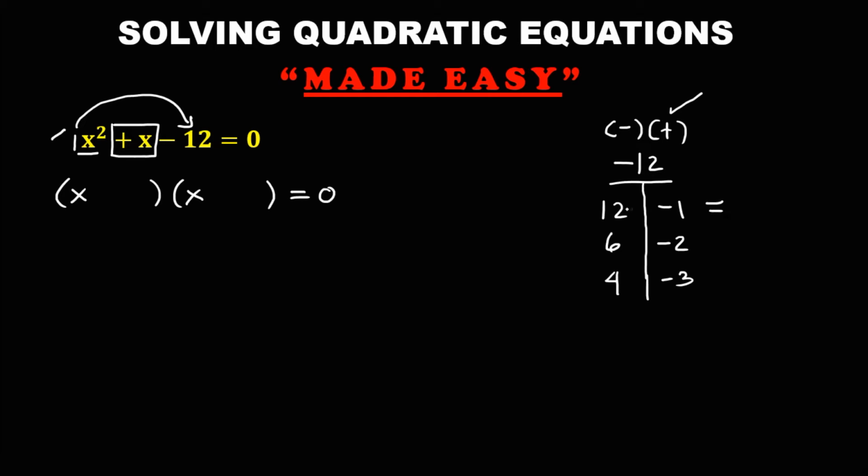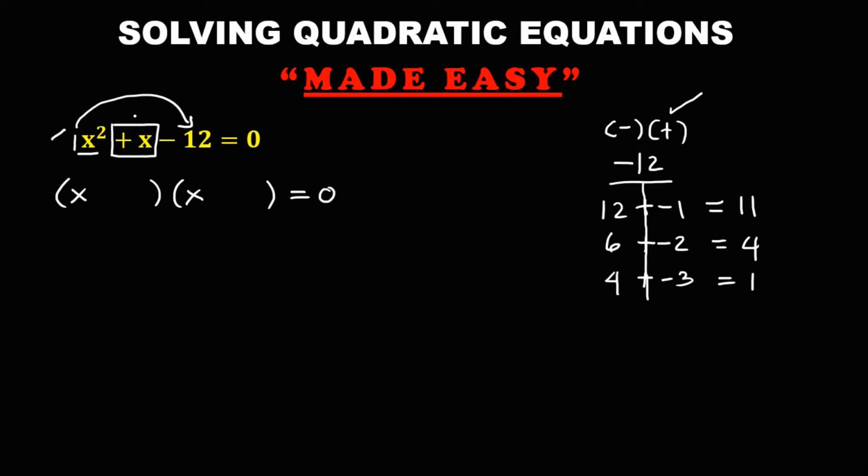Then we need to add. Positive 12 plus negative 1 is positive 11. Positive 6 plus negative 2 is positive 4. And positive 4 plus negative 3 is positive 1.